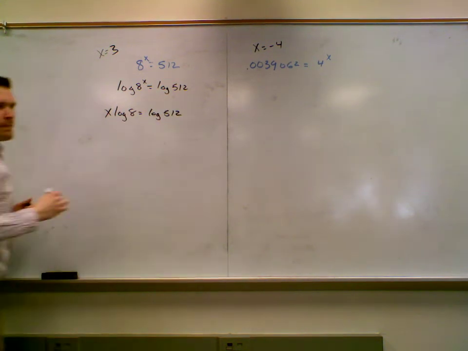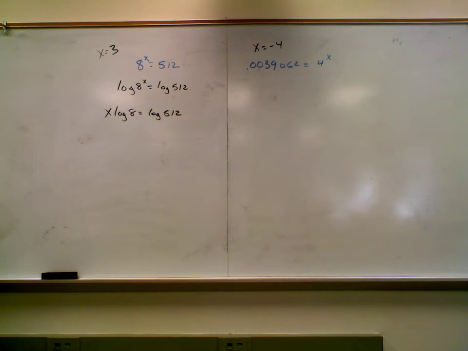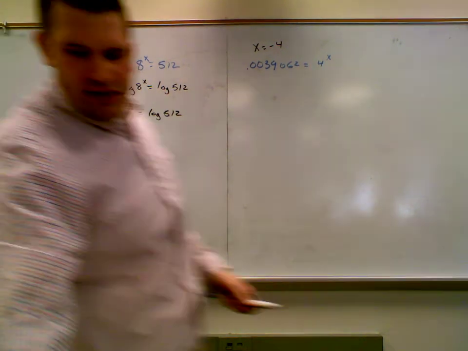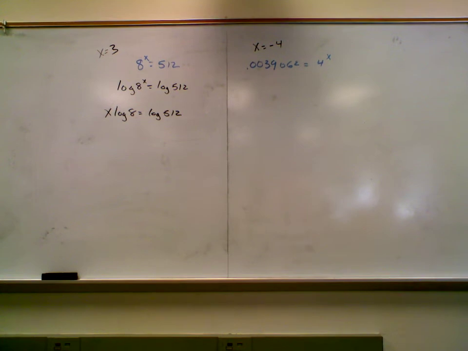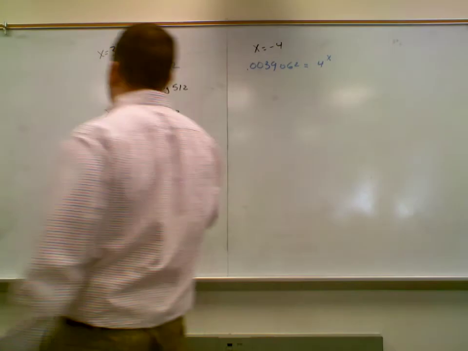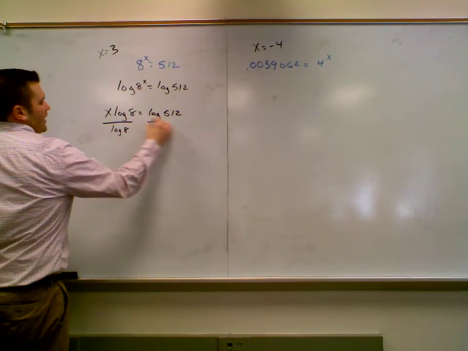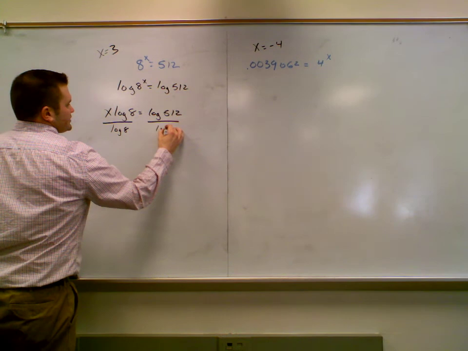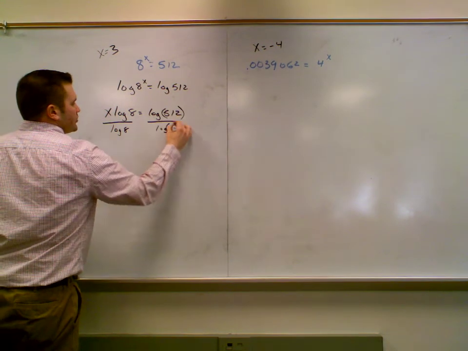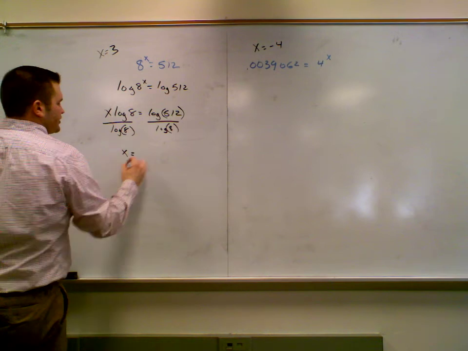Okay. So now you can write these as decimals if you want to, but I'd say the best way to do these ones is keep them as logs. Alright? So what I mean by keep them as logs is divide both sides by the log of 8 and make sure you put it in parentheses. This is just like what we did in class yesterday.